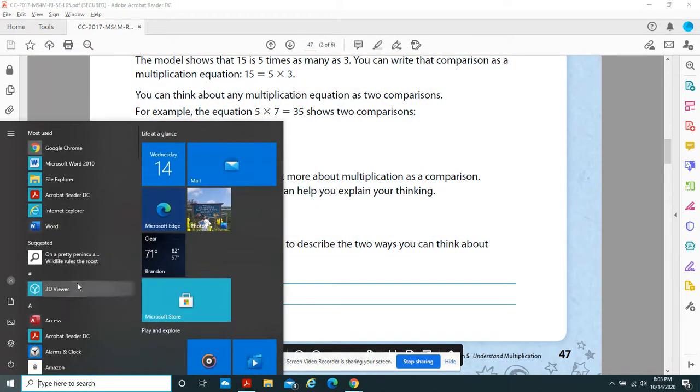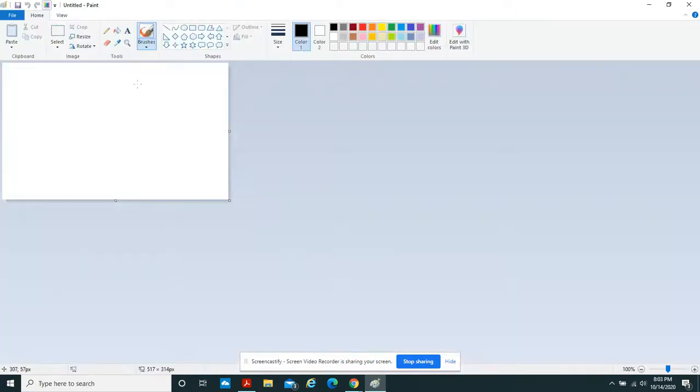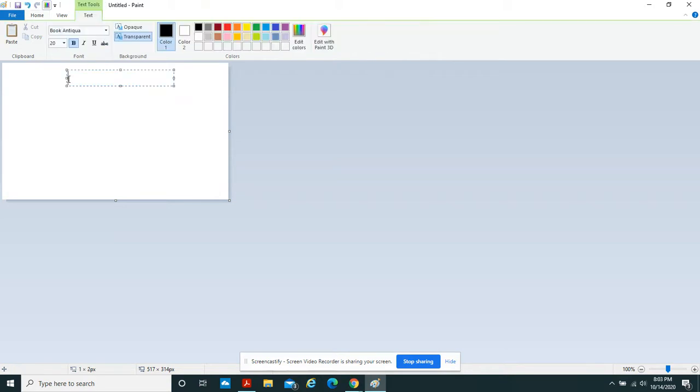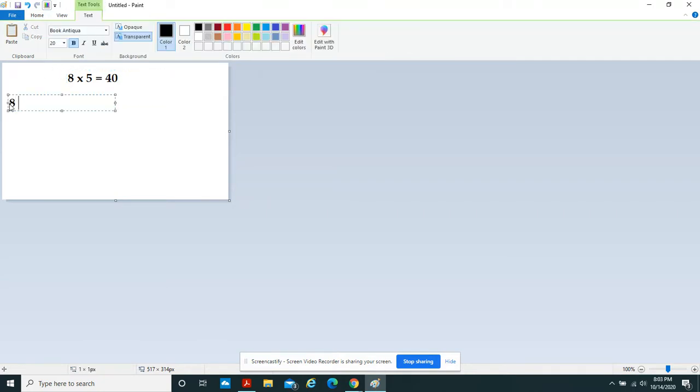Let me go to my paint so that I can write this for you. So our equation is 8 times 5 equals 40. To write this as a comparison, we take our multiplication problem, 8 times as many as 5, and then equals 40 means is 40.